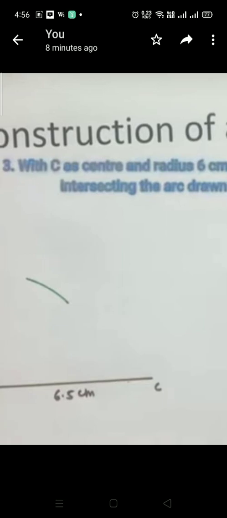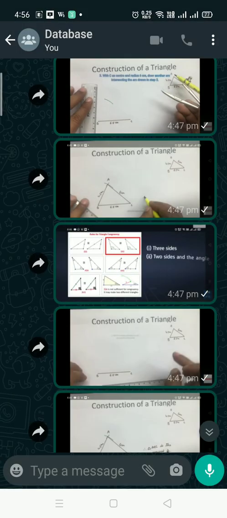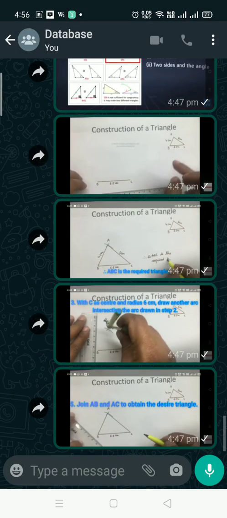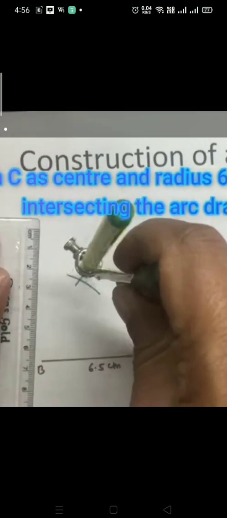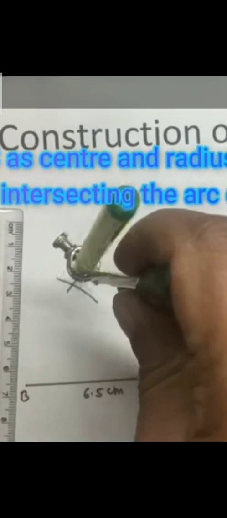Now from C, CA is how much, kids? 6 centimeters. So again on a scale you take 6 centimeters. Let me show you. Now the pointed part of your compass will be on C, and from there with 6 centimeter measurement you draw an arc.